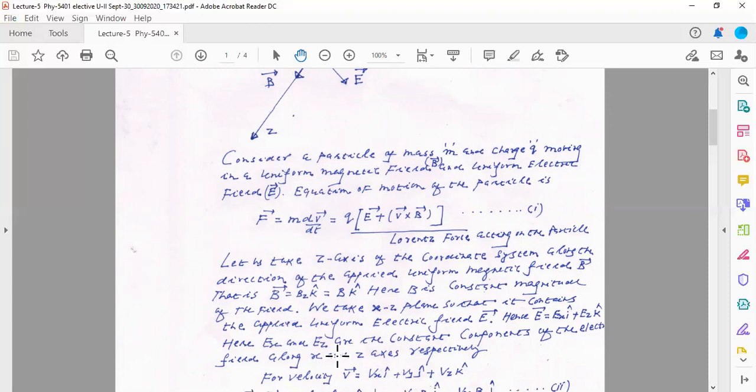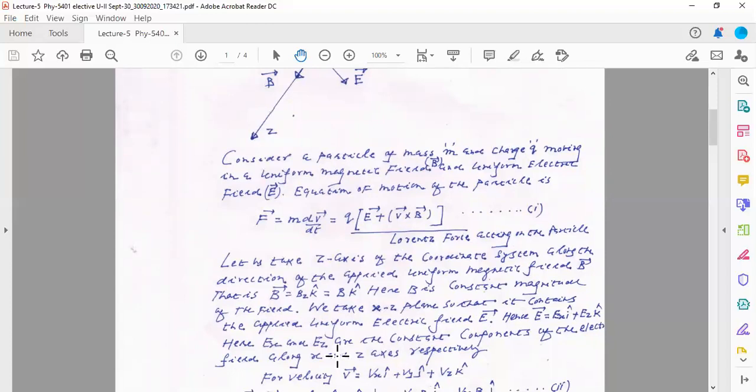So here, friends, please remember we want to study the combined field. In the previous case, we found that the trajectory of the particle is a helical path, and there are two components of the particle velocity, the parallel component and the perpendicular component.